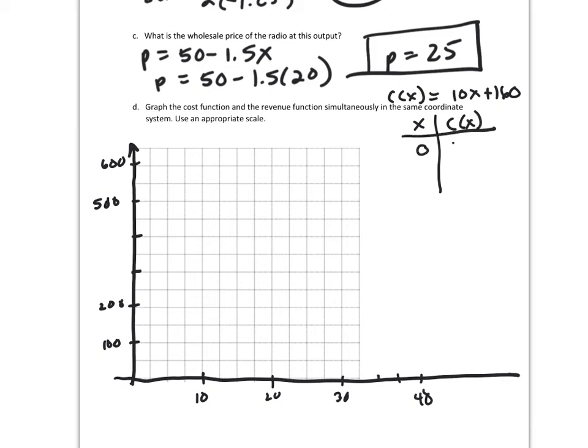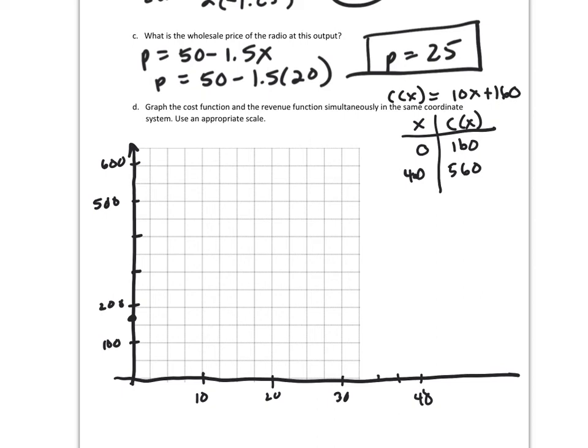If x is 0, you get 160. If x is 40, I'm choosing 40 because that's the upper part of the domain. Plug 40 in my cost equation, you get 560. So 0, 160 is about right here. And 40, 560 is about right in the middle of my point.